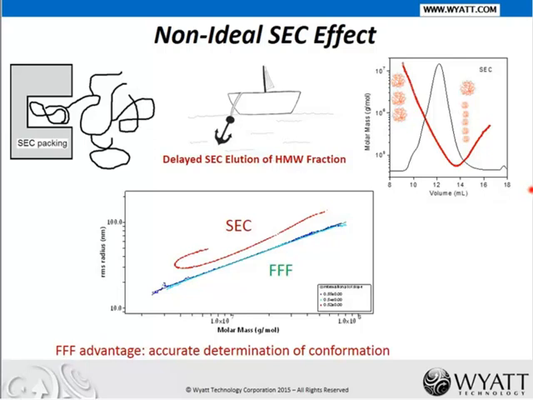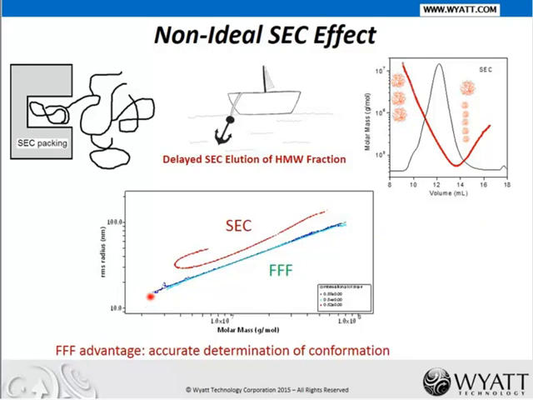And the conformation is measured from the conformation plot. That's a plot of radius versus molecular weight. So when we have this anchoring effect, the data from SEC usually will show this characteristic curvature, or the Nike sign. But the results from FFF showed linear trend.